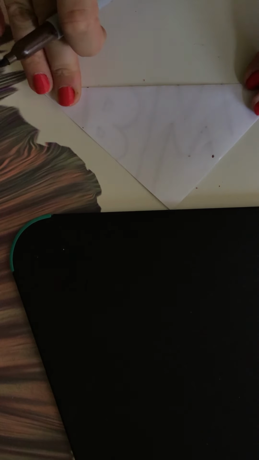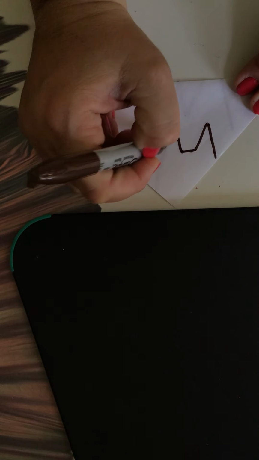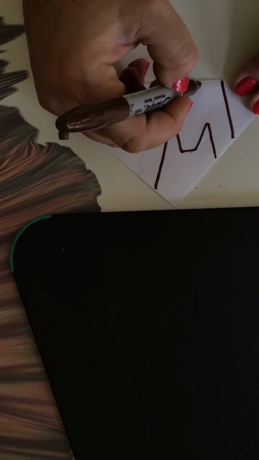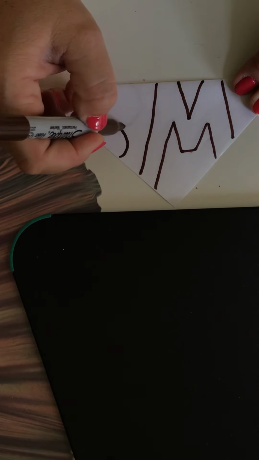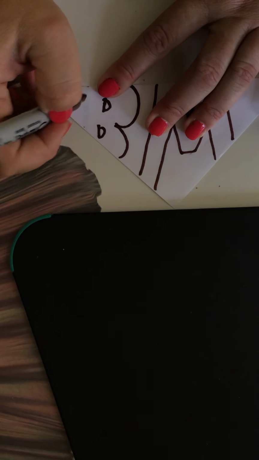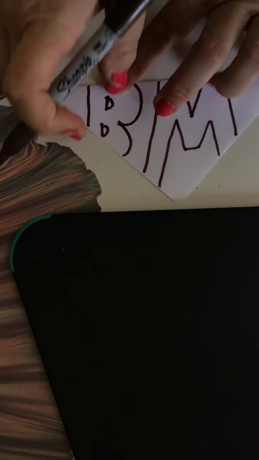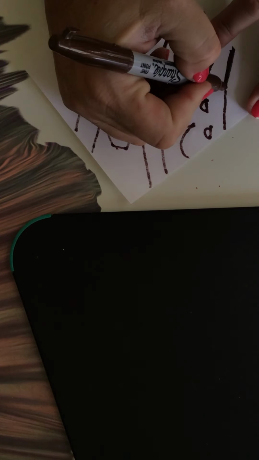Now I fold that triangle and I can see those letters, and I'm going to go ahead and trace this. Oops. And then open it up and trace this last side.